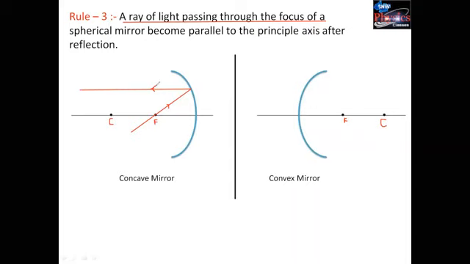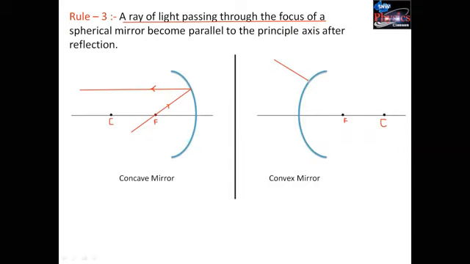Same here in the case of convex mirror. In the case of convex mirror, a ray of light is not directly falling on the principal focus, but it seems to be falling on the principal focus.